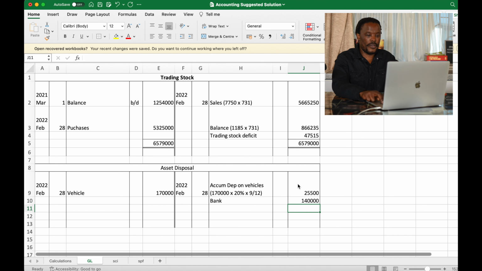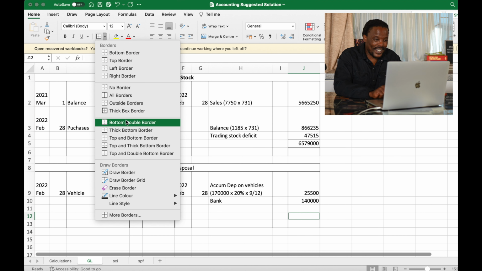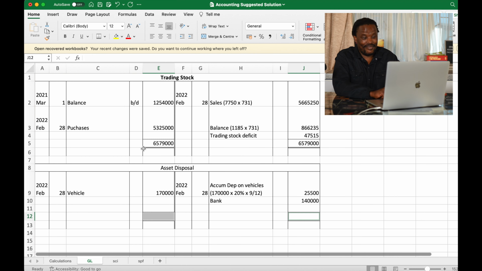Now, if the bigger side is on the credit, it's the profit. Let's close off the account and check which side is bigger, so that we determine if there is profit or loss. If we add on the debit, which side is bigger here, so that we see if we have profit or loss. 170,000.